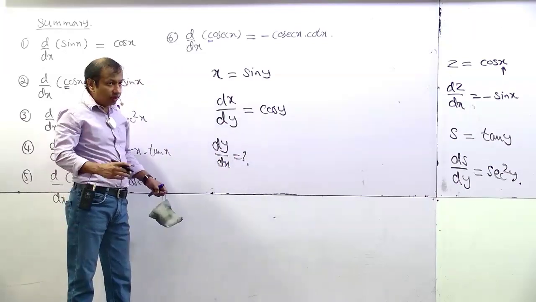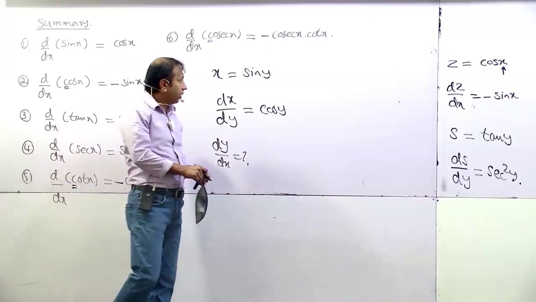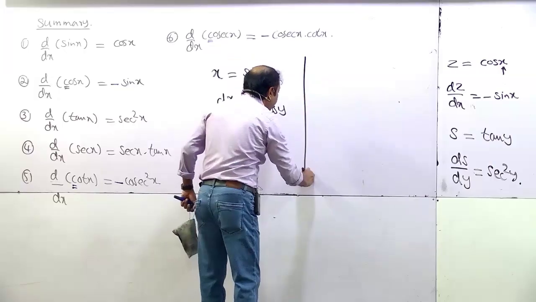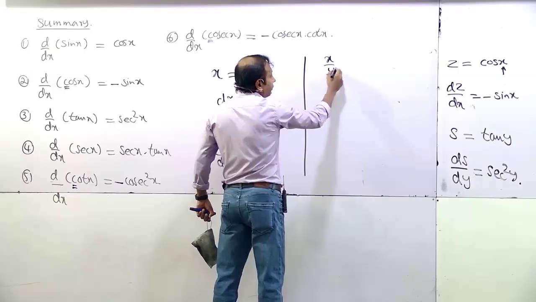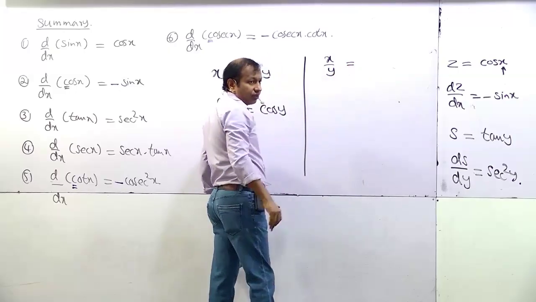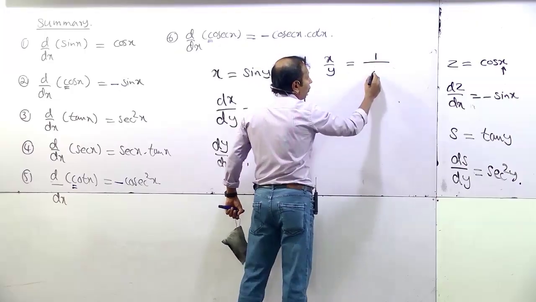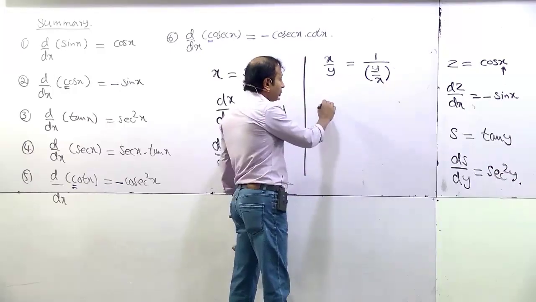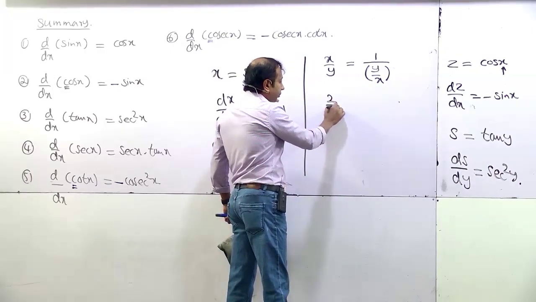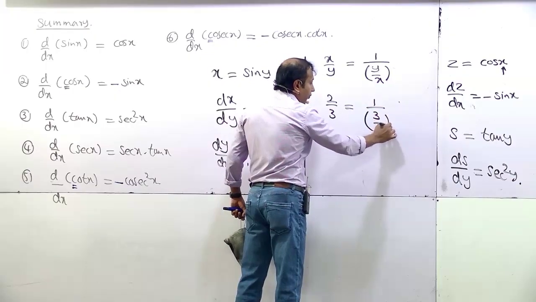There is a relation between this dy over dx and dx over dy. You know, if I write x upon y, a simple fraction, I can write this as 1 over y upon x. Can we write it like this? 2/3 we can write as 1 over 3 by 2 this way. Possible, no?